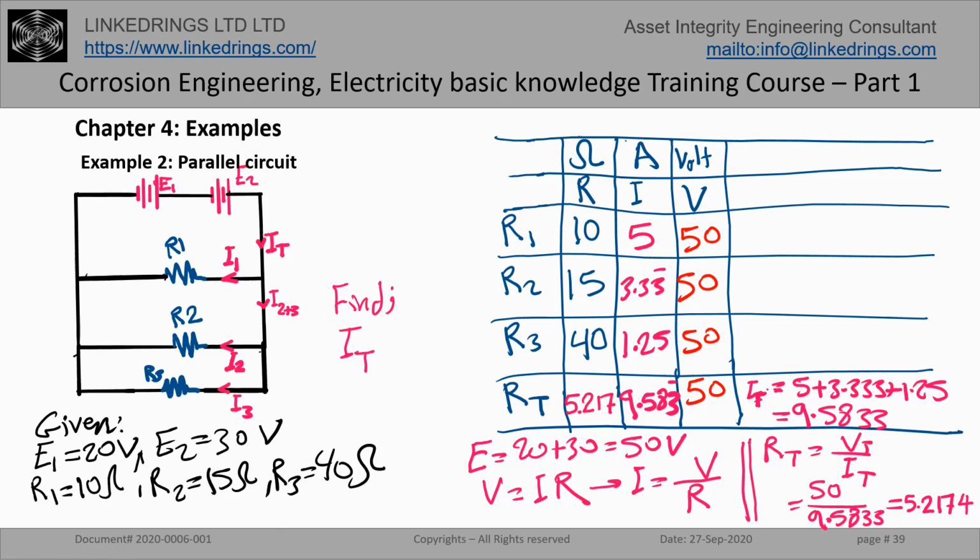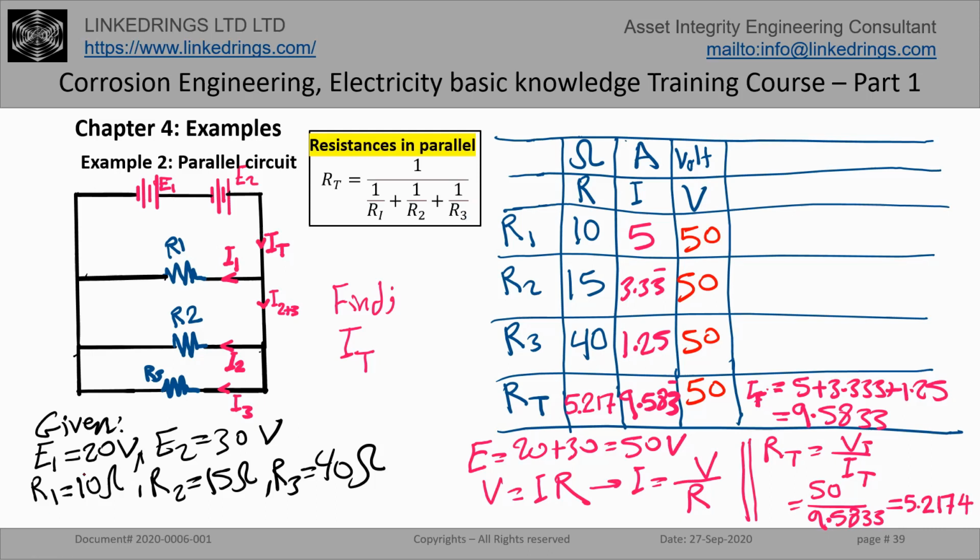Okay, let's have a checkpoint to be sure whether we are doing right or wrong. We remember this is a resistance in parallel. We did not use this law, but we can use it to confirm our solution.